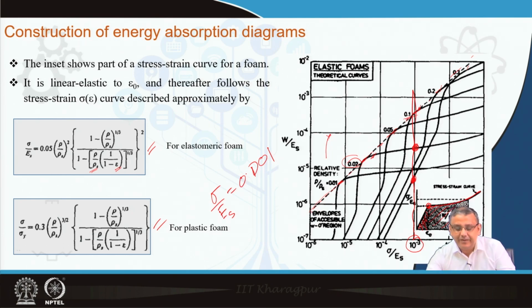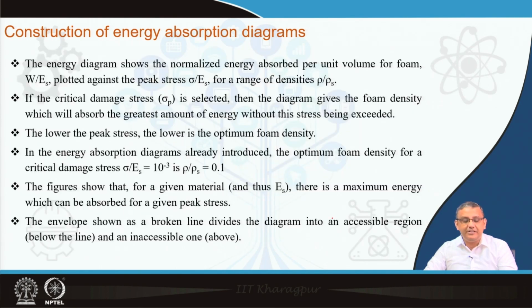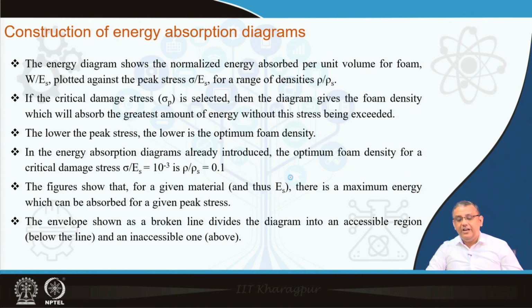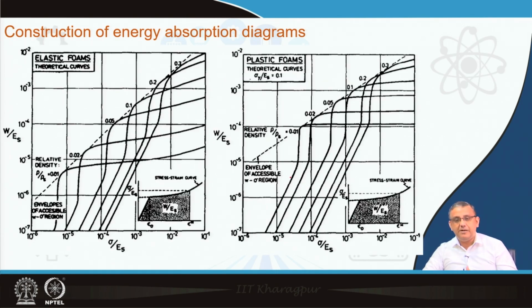The regions below this dotted line are the regions which we can actually access by controlling the foam density. And the expression for this dotted line we can again find or deduce from these expressions over here. So, we have learned that in case of foams, if the foam has to be used for energy absorption applications, it is very important to first identify what peak stress is to be designed for.